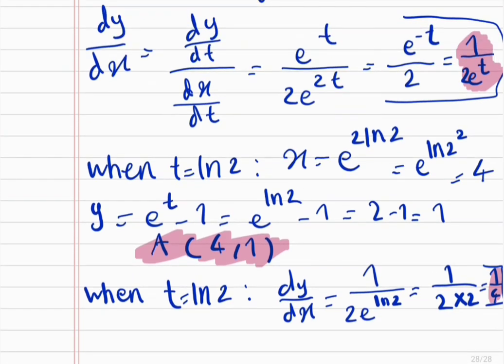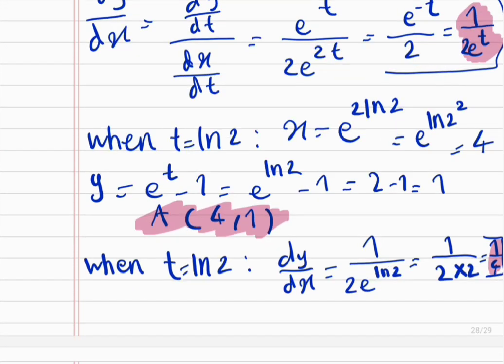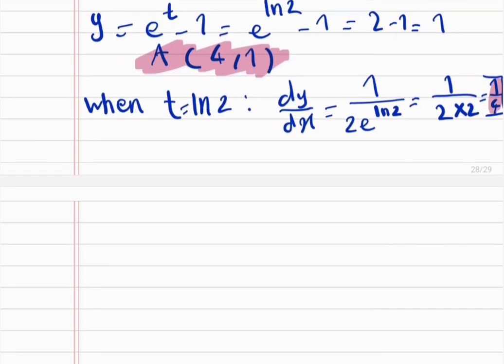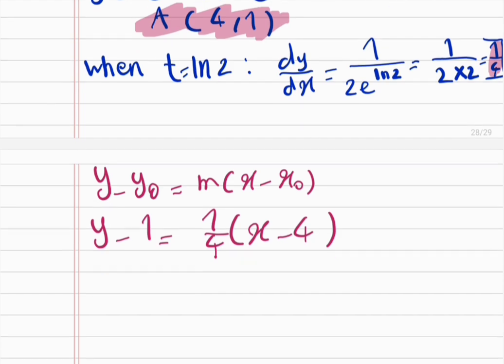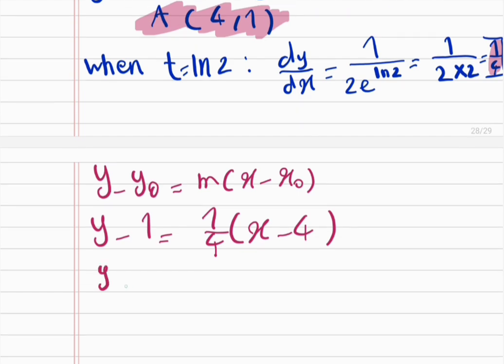Okay, now we have the gradient and the coordinates of the point. So we can use y minus y0 is equal to m times x minus x0 to find the equation of the line. y0 is 1, m is 1 over 4, which is the gradient, x0 is 4, so we can rearrange this.